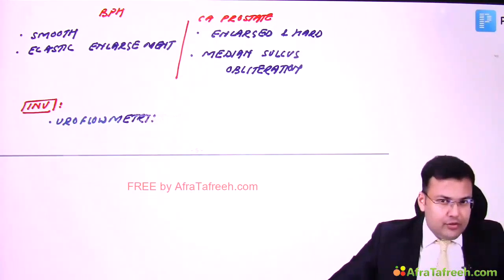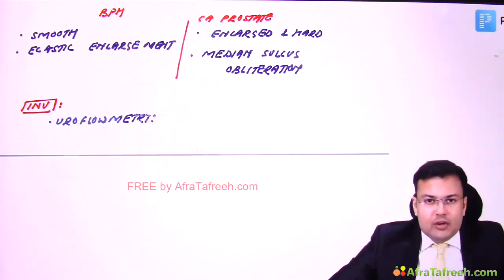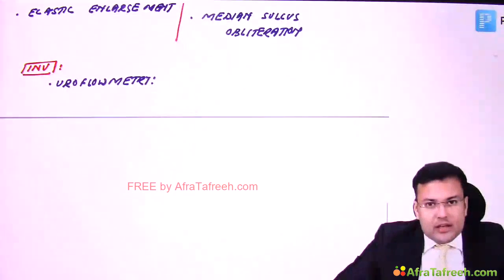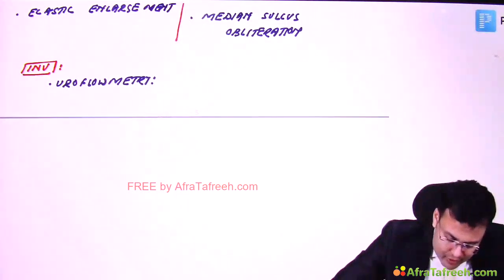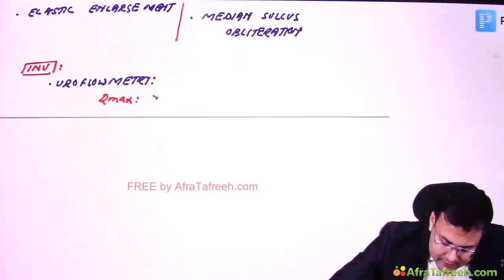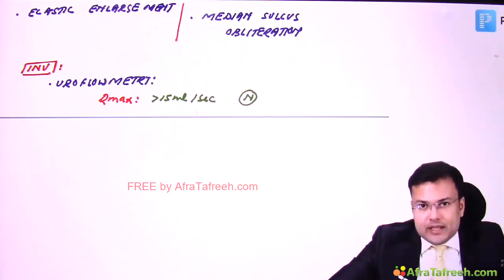In this uroflowmetry, we have to calculate the maximum flow rate, which is known as Qmax. This maximum flow rate should be more than 15 ml per second. You have to remember, normally it's more than 15 ml per second.